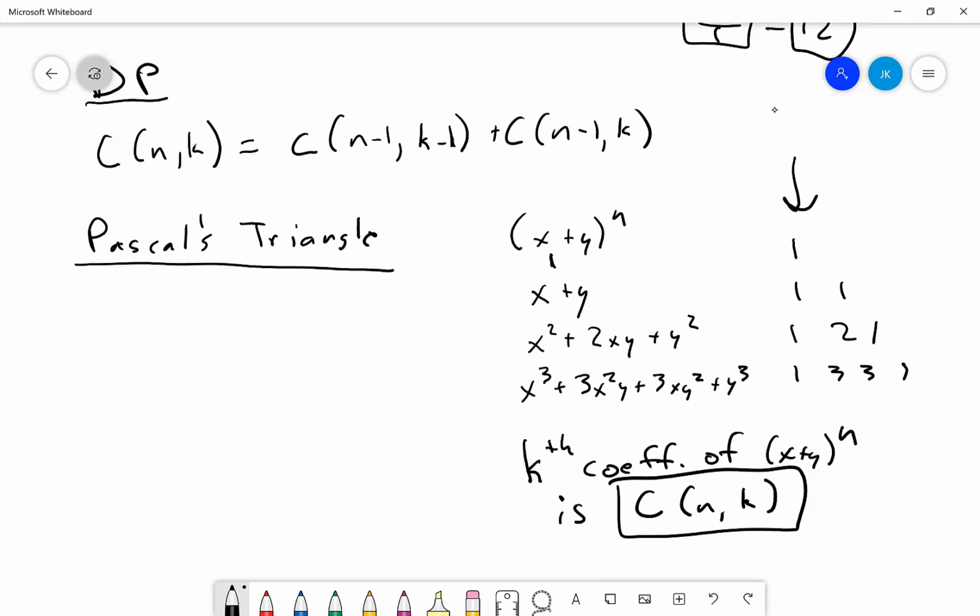And so Pascal's triangle, if you want to compute this, is a simple way of computing your C values all the way up to wherever you need them. And the way you would do that is you start out with 1 and 1 and 1, and then at each row you can think of putting a 1 on the beginning, and you're always adding the two numbers above, and you go out one more.